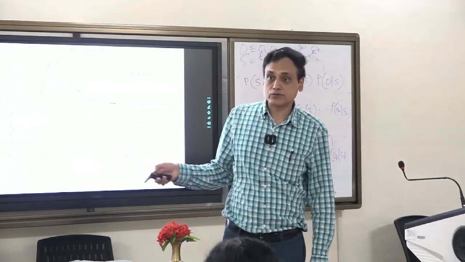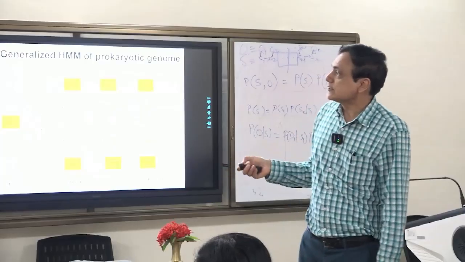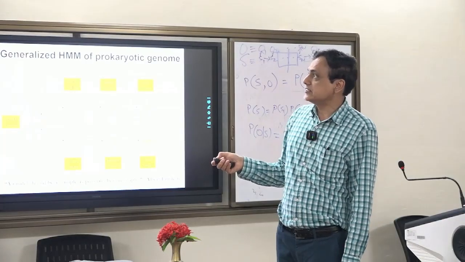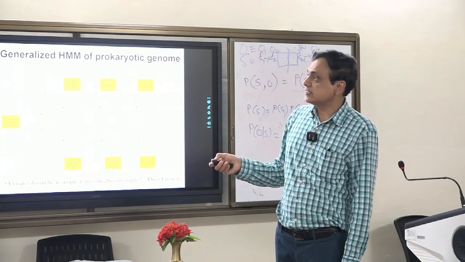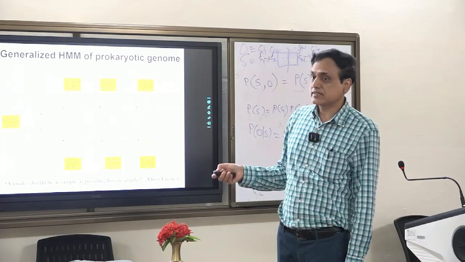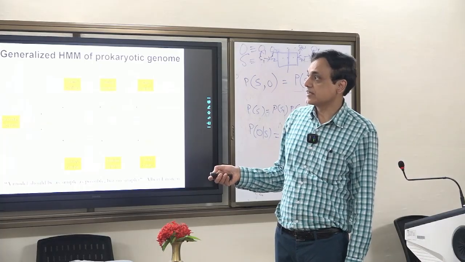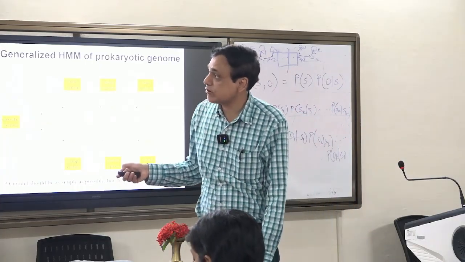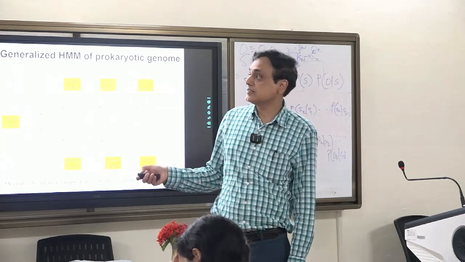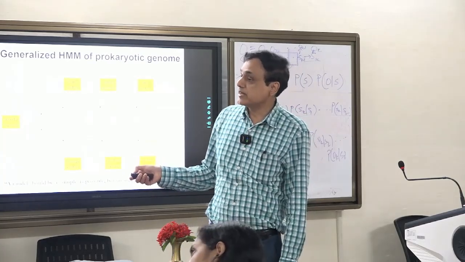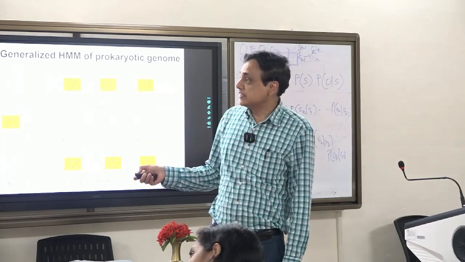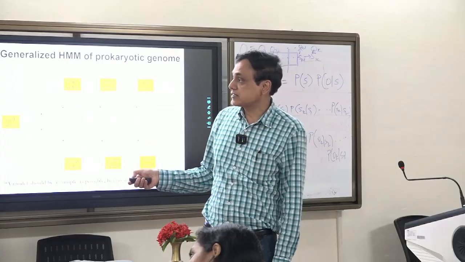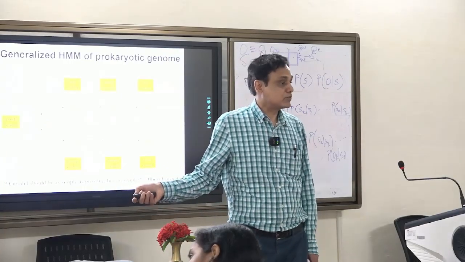which follows a gamma distribution. So once a gene is emitted, then a transition is made back to the non-coding state, emitting non-coding sequence, and then a transition may be made to the gene state on the complementary strand, emitting a gene on the complementary strand.